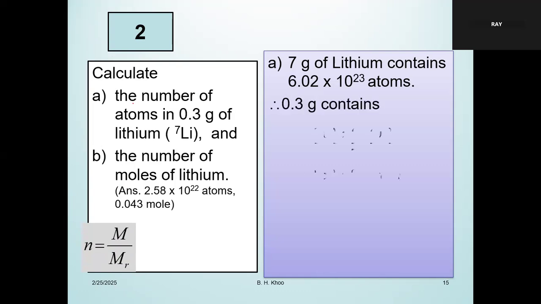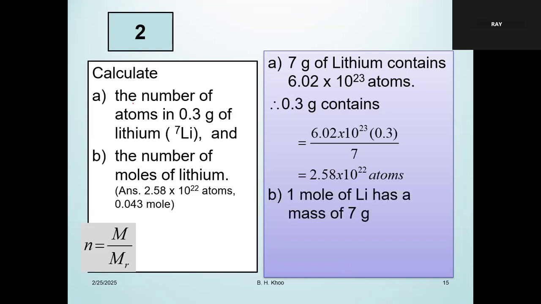So 0.3 gram contains 0.3 divided by 7 times 6.02 times 10 to the power 23, the number of atoms. Number of mole: 1 mole of lithium has 7 grams, so the number of mole is 0.3 divided by 7, this formula. Can or not?